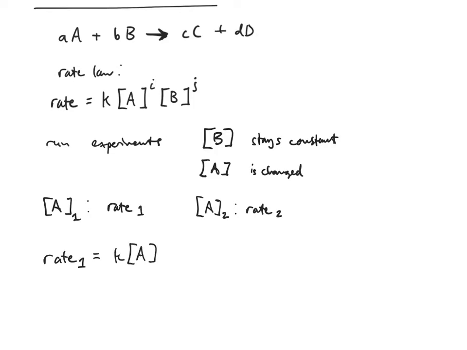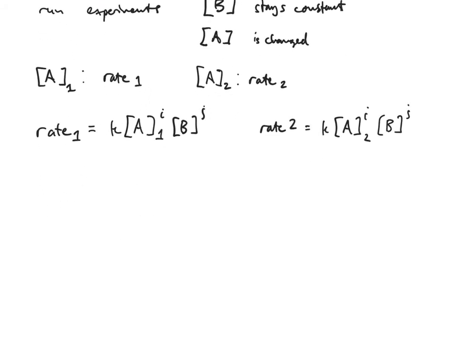Rate 1 equals K, and this is that first concentration of A raised to the unknown I power, and the concentration of B raised to the J power. And then we've got a second rate, again K, but this time the concentration of A is that other value, and then B is still remaining constant.